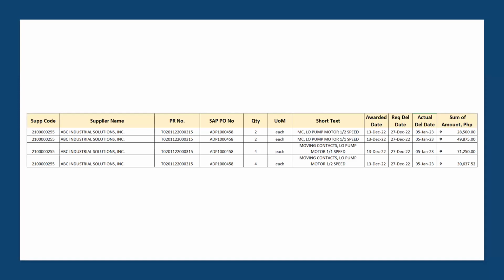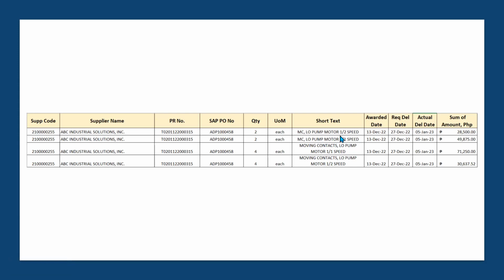What this illustration shows is one order, a PO or purchase order. This one order can contain four line items. So here we have one, two, three, and four line items.